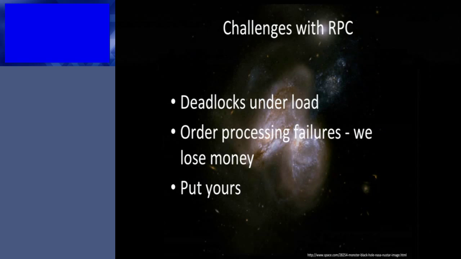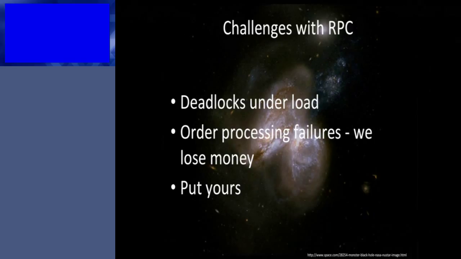So let's consider some real-life examples of problems that you might face in distributed systems. For example, our code updates values in several tables in one transaction. This transaction acquires locks, and under a certain load, the system starts experiencing deadlocks on those tables.